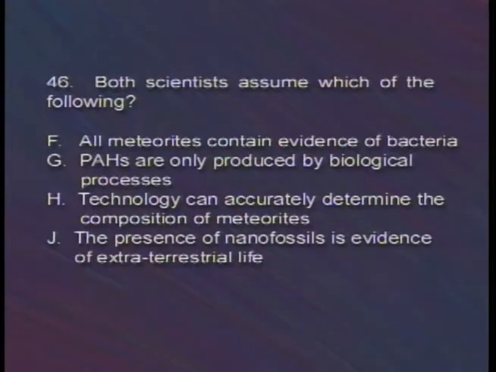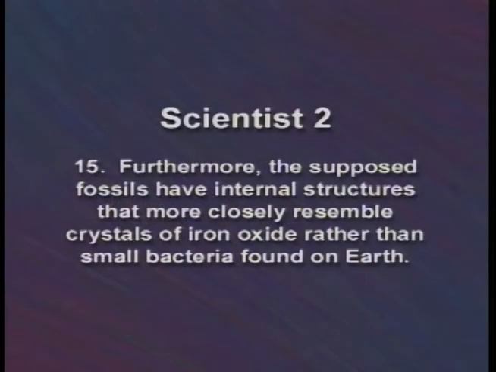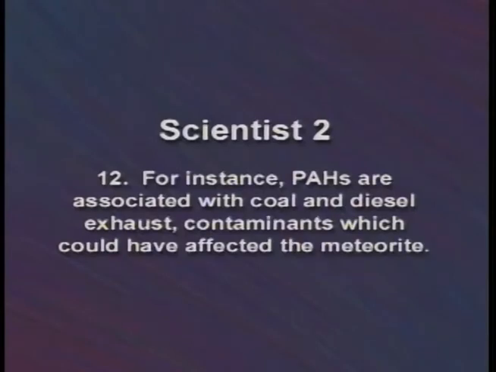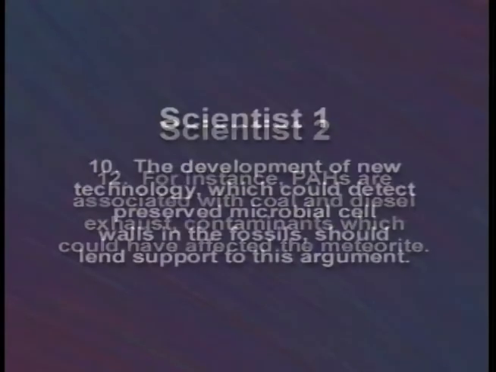Scientist 2 would not agree with option F. This scientist argues that the PAHs could be crystals of iron oxide instead of remnants of bacteria. Also, Scientist 2 would disagree with option G. Both scientists would agree that technology can determine the composition of meteorites.